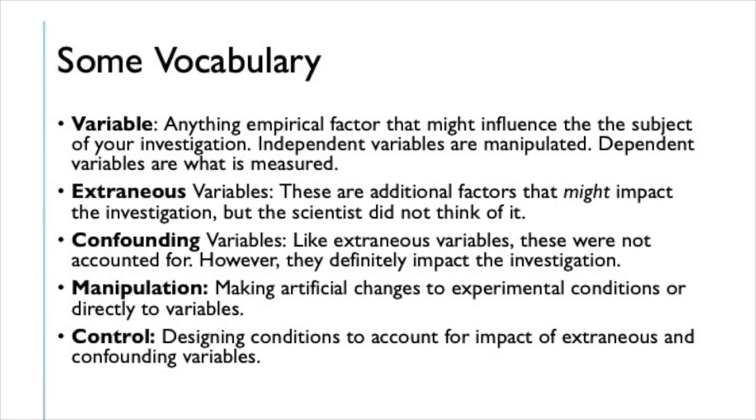In that condition, we would need to make sure that IQ isn't impacting the results of the study. We need to make sure that schedule difficulty isn't impacting the results of the study, and so on. So those in this example are potentially extraneous variables. So these are additional variables that all lead to student achievement.